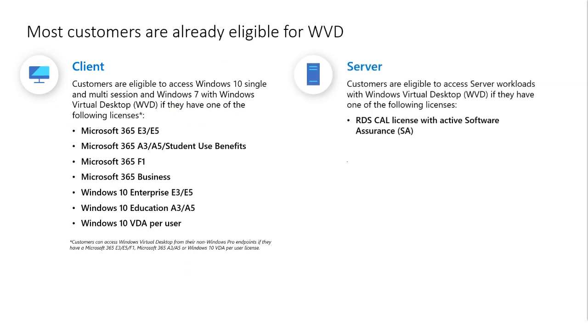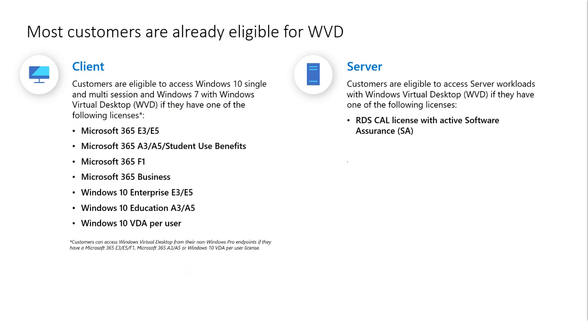Now, if you have RDS CALs with software assurance on premises, right, or you don't want to run Windows 10 multi-session, you still want to run RDS on Azure, you can still save on the infrastructure cost with the HA, RD Web, RD Gateway, and the load balancer, by putting the RDS CALs with Windows Virtual Desktop, and running the Windows Server version of WVD.